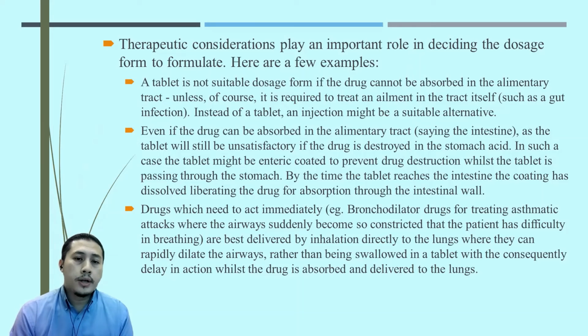so that can be used as a tablet. And even if the drug can be absorbed in the alimentary tract, let's say the intestine, the tablet will still be unsatisfactory if the drug is destroyed in the stomach acid. Okay, if the drug is not stable in the hydrochloric acid in the stomach, then it is still not suitable for tablet. In such a case, the tablet might be enteric-coated to prevent drug destruction whilst the tablet is passing through the stomach.